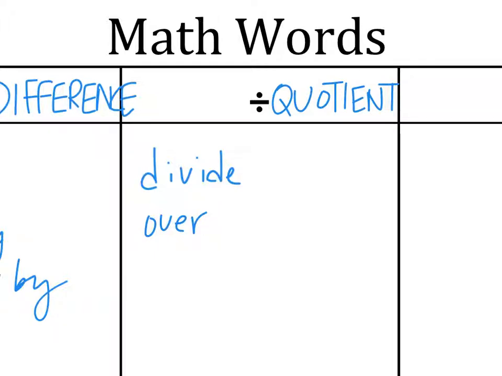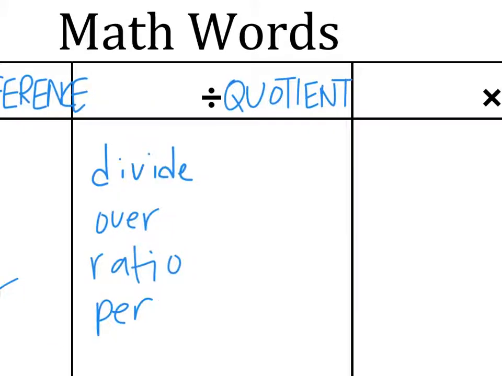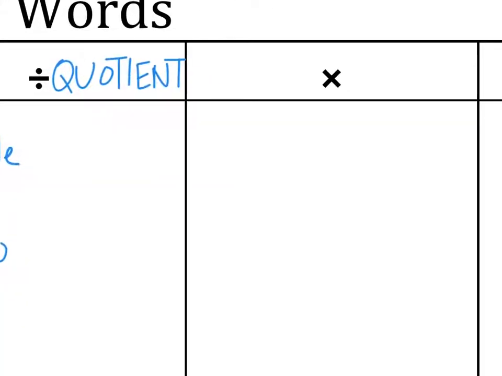Or sometimes we'll see ratio. The ratio of 5 to 2, then you take 5 divided by 2. Or even per, right? So it's $2 per 3 eggs. So $2 divided by 3 eggs. Okay, so these are some words that mean divide.